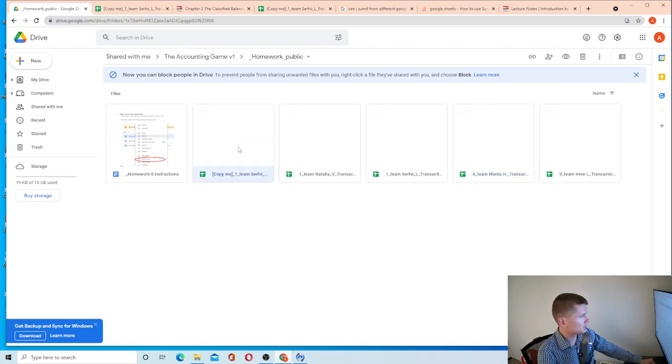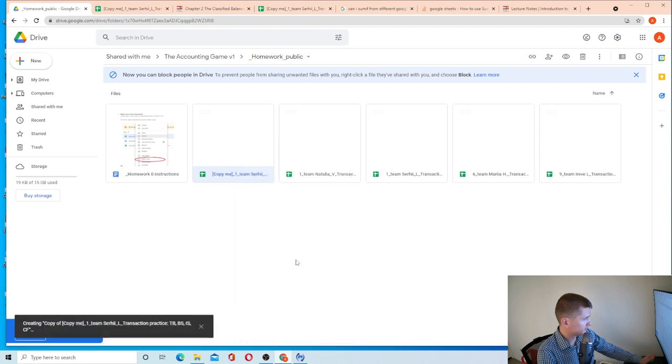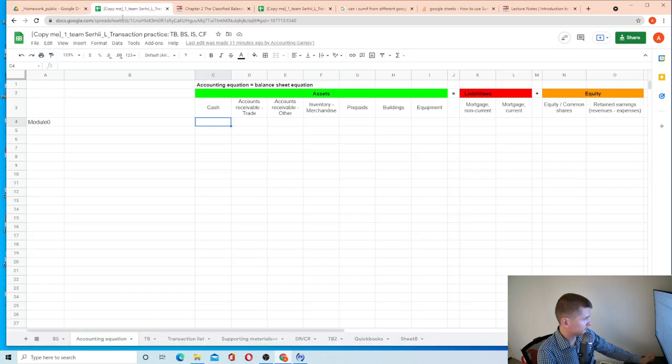You just create a copy of the file which says copy me, and you make a copy of it and put in your team number and your alias which you use for the course, and that's it. And in that file we are going to practice some accounting equation.